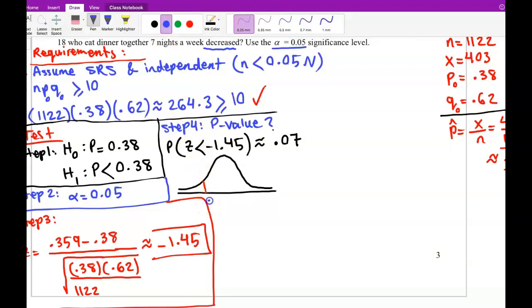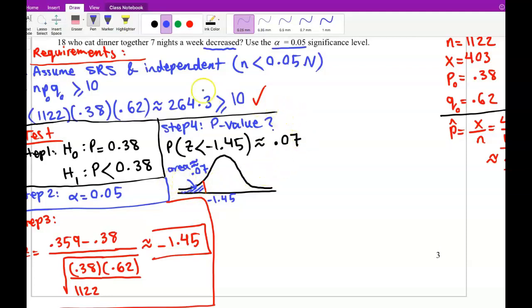So z is negative 1.45, and the area is, since I rounded, 0.07, is that part.